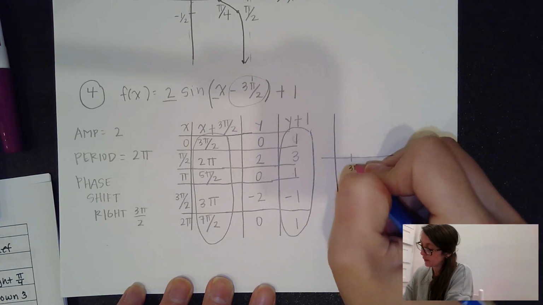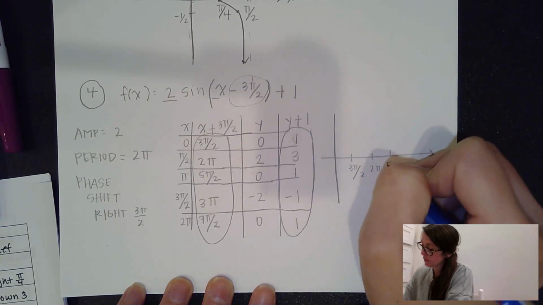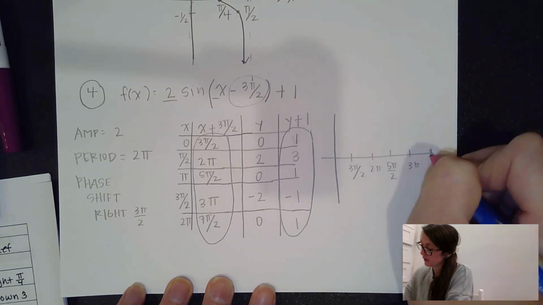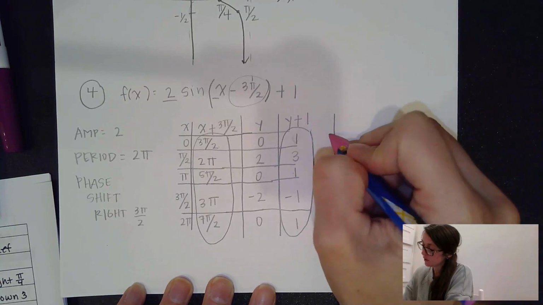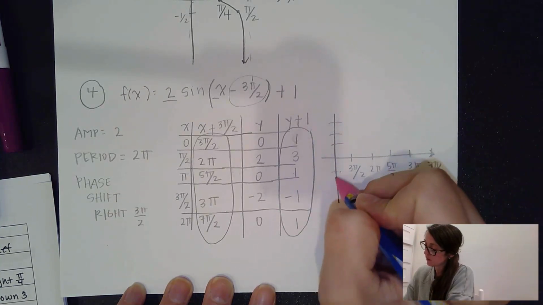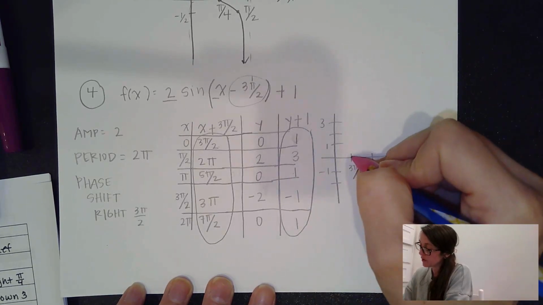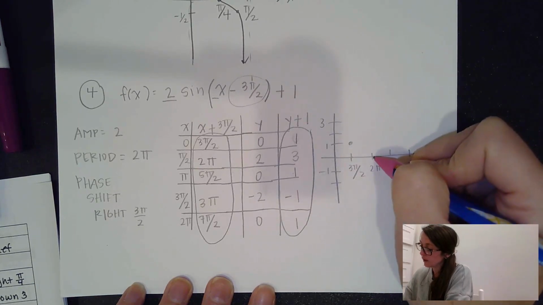So I'm going to have 3 pi over 2, 2 pi, 5 pi over 2, 3 pi, and 7 pi over 2. At 3 pi over 2, instead of being at 0, I'm going to be up at 1.